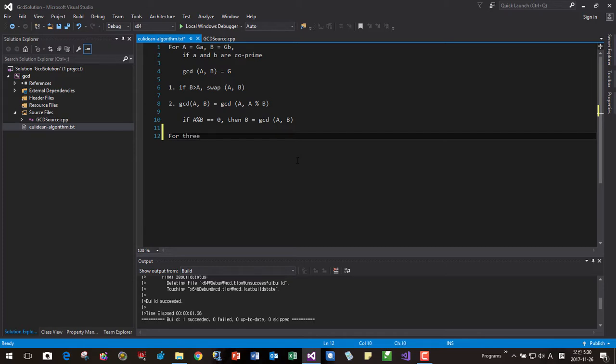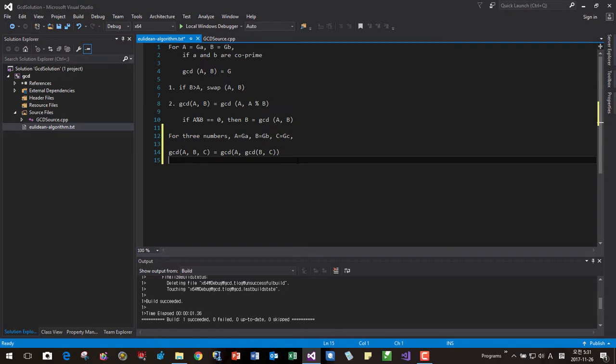For three numbers A, GA, B, GB, C, GC, GCD of A, B, C equals GCD of A, GCD of B, C. This is the way we calculate the GCD, greatest common divisor, of three numbers.